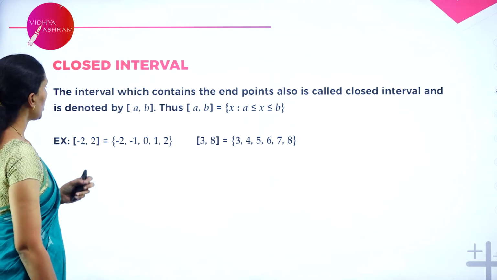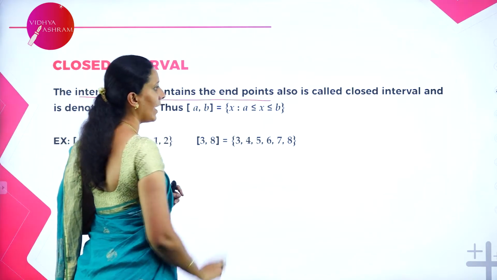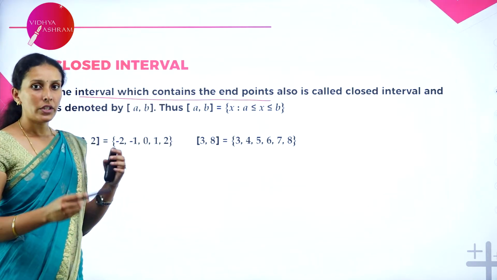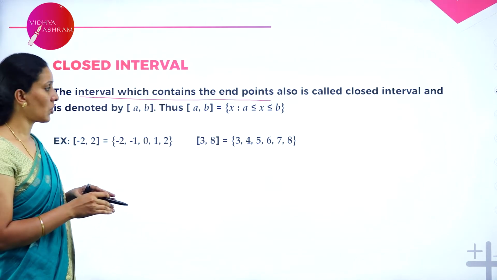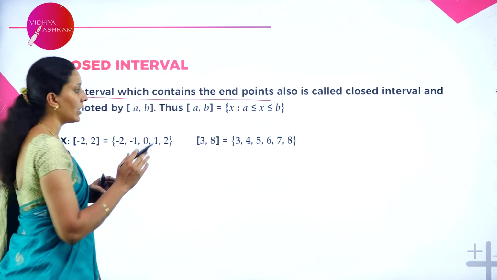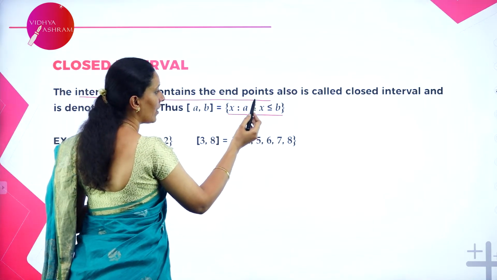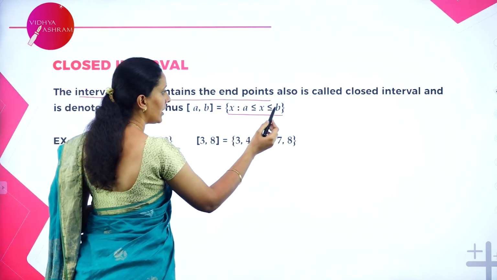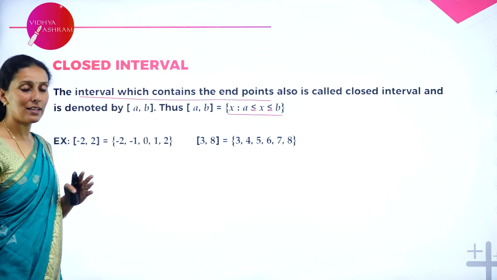Next one, closed interval. The interval which contains the end points also inside the set is called a closed interval. So, here we will write this in this form. Since we are taking all the values of x between a and b as well as a and b, we write the symbol less than or equal to.